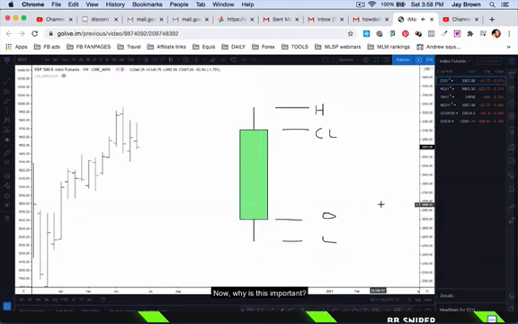Okay, now why is this important? Because if you're going to anticipate the next candlestick, let's say monthly, weekly, or daily. Now you can get into 4 hour and 1 hour, but looking at the open, high, low, close is really important on the higher time frames.